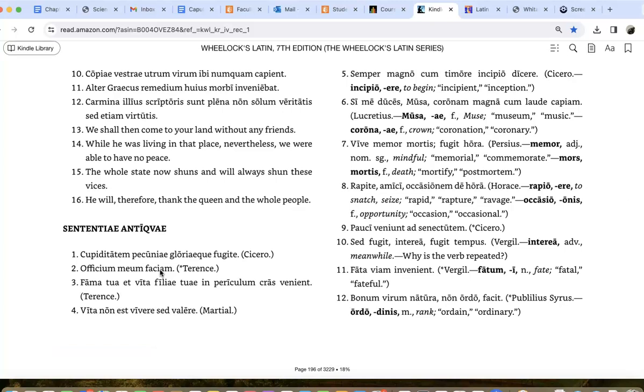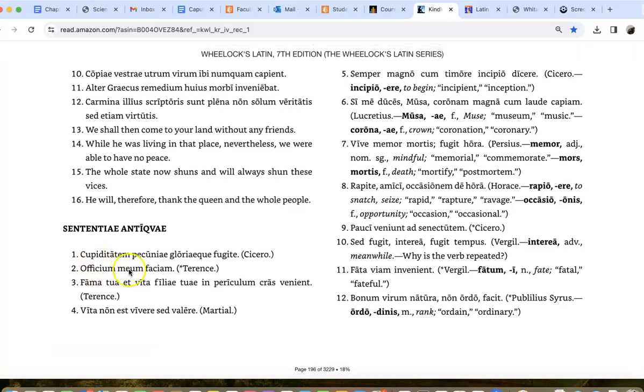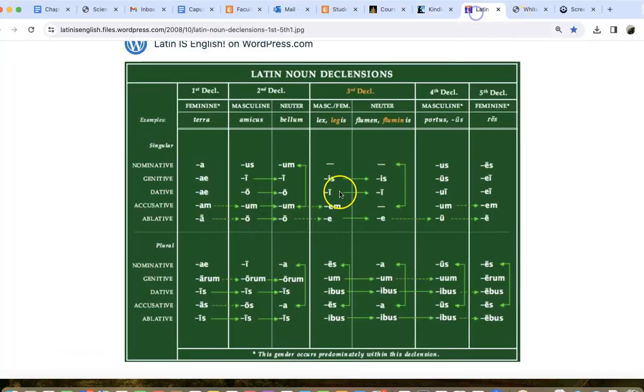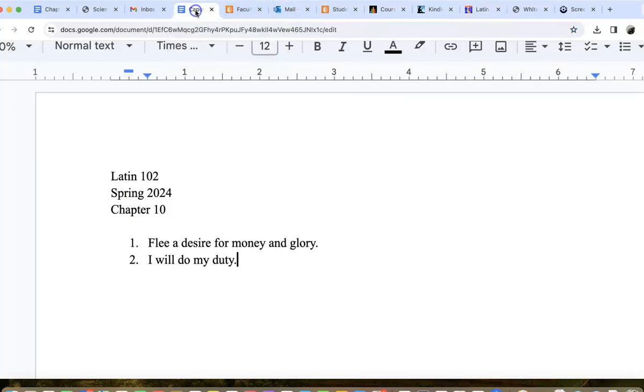That's one of the new verb forms in the chapter. My duty, that's fairly straightforward because it's second declension accusative singular, so that makes it the direct object. As you know, duty was very important for the Romans, right up there with virtue and piety. Okay, if you want to say I shall do my duty, that would work too.